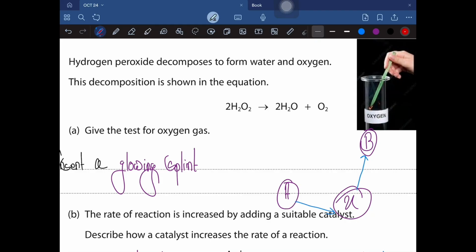So suppose there is a shortcut between A and B.